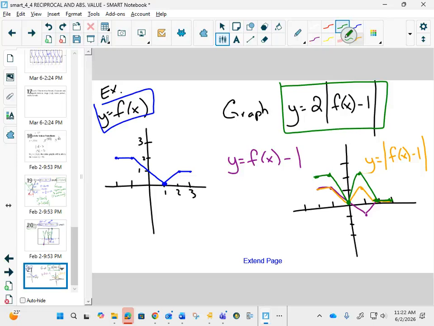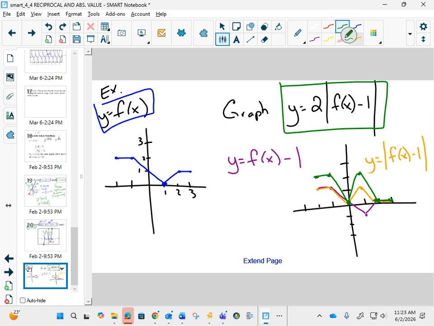So my f of x graph got moved down 1. The absolute values kind of act like brackets. You have to do the inside first. Once it's been moved down 1, the absolute value would take that bottom part and flip it up. That's the orange graph. And then I could do my vertical stretch by a factor of 2 and get my green graph in the end.